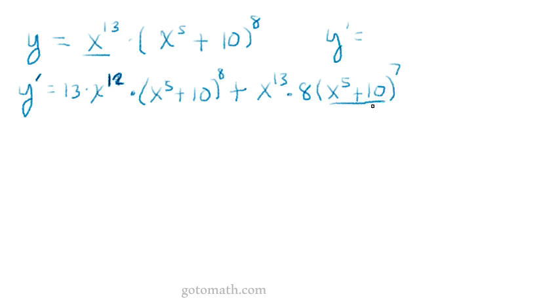And then we take the derivative of the inside. So the derivative of x to the 5th is 5x to the 4th power, and the derivative of 10 is 0.